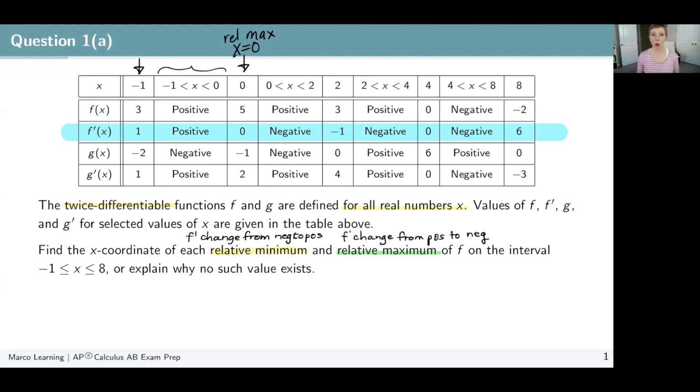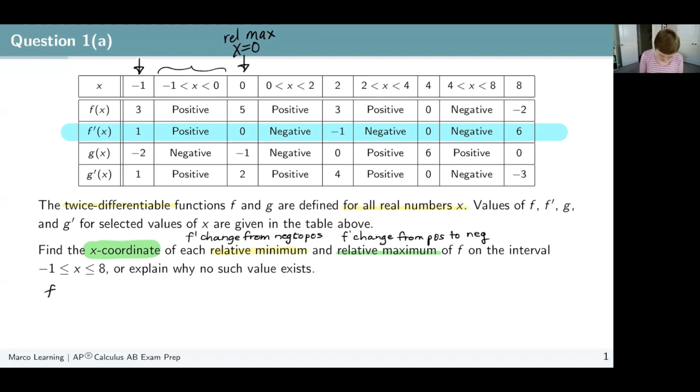So we're going to write where we have a relative maximum, and we're going to explain how we know that it's a relative max. And we also want to pay attention to the fact that the question asked us to find the x-coordinate. So we want to make sure we give that as part of our answer. And again, make sure you're naming your function.